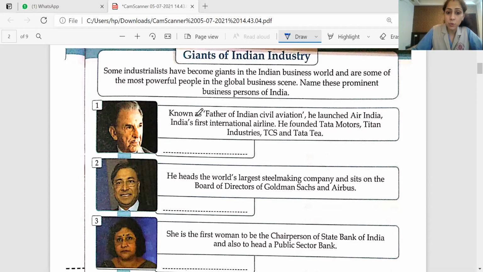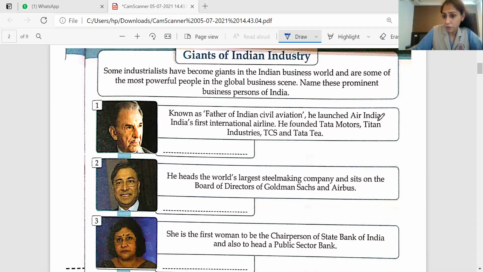Now, this person is known as the father of Indian civil aviation. Aviation deals with airlines. He launched Air India, India's first international airline. He founded Tata Motors.